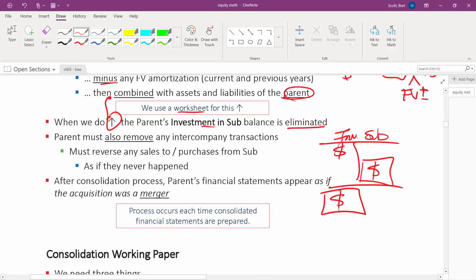When I say we're going to do these elimination journal entries, understand that these are top-side journal entries. We don't actually record them. We just do some worksheet Excel journal entries that help us keep track of how we get our balance in the investment in the sub down to 0. That's what we want. But really behind the scenes, you still have the investment balance. There's no real effect in our general ledger.